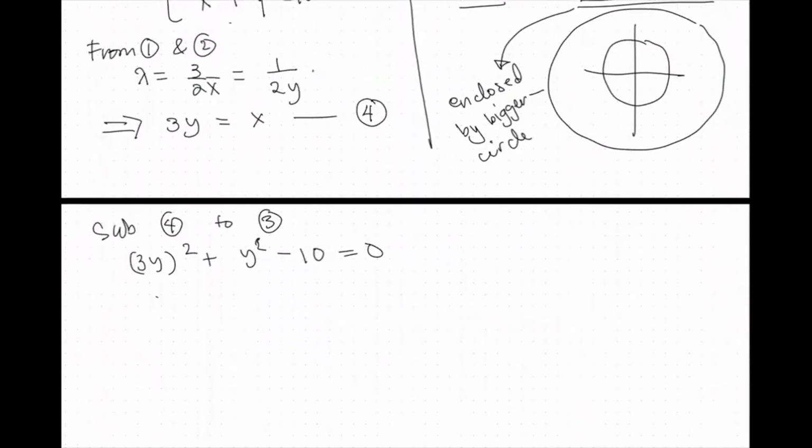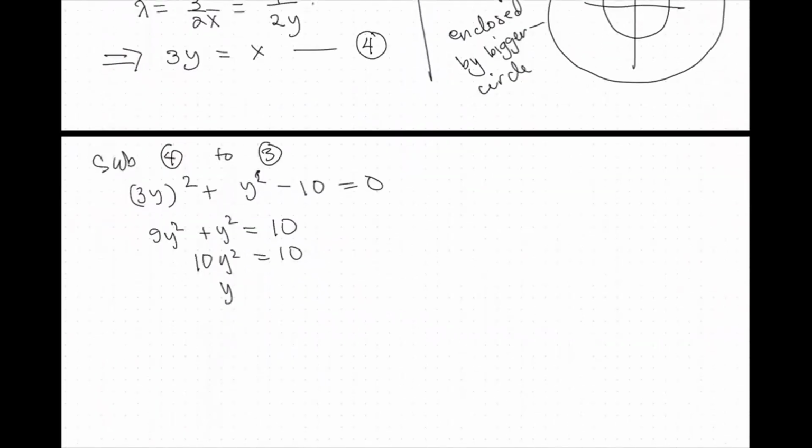So we get 9y squared plus y squared is equal to 10, so 10y squared is equal to 10. In this case, y squared is equal to 10 over 10, which is 1.